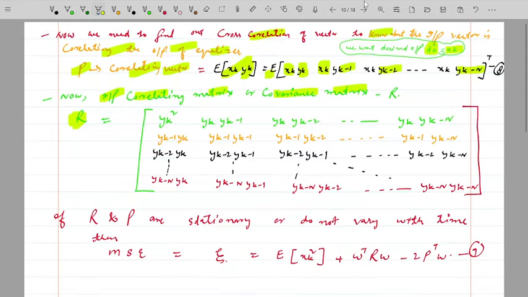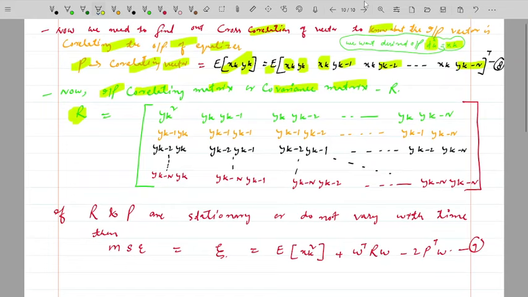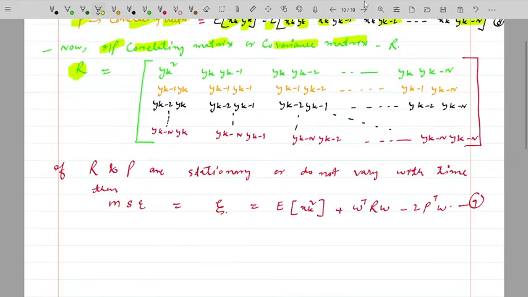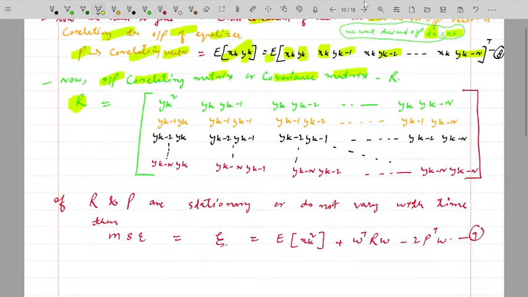If we want to find the input correlation matrix, we use an n plus 1 square matrix. So r is an n plus 1 square matrix. In the square matrix, what we do is simple: the same input vector is multiplied with its own parts.